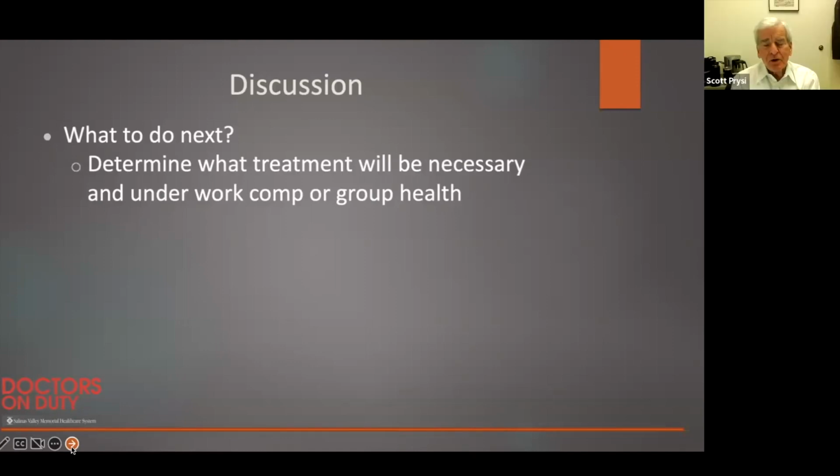This is an expense under work comp. In fact, it's illegal under a work comp claim for the patient to have to pay anything, although there are circumstances where that ends up happening, particularly with medication. But as long as care is being provided consistent with MTUS, Medical Treatment Utilization Schedule guidelines, the work comp carrier will pay for it.